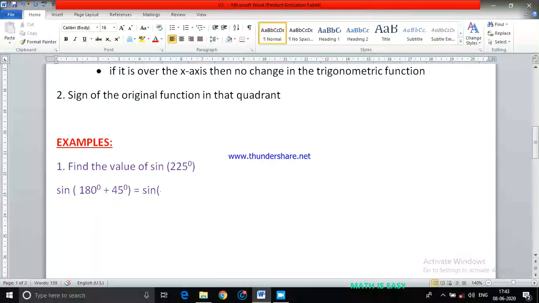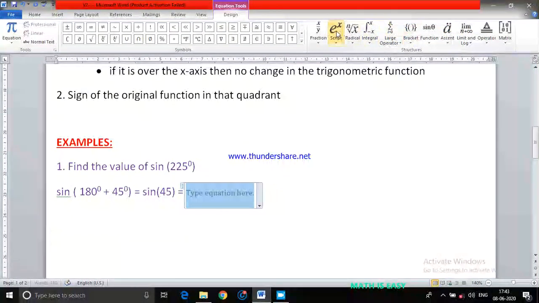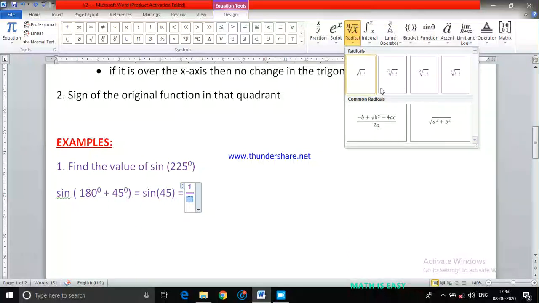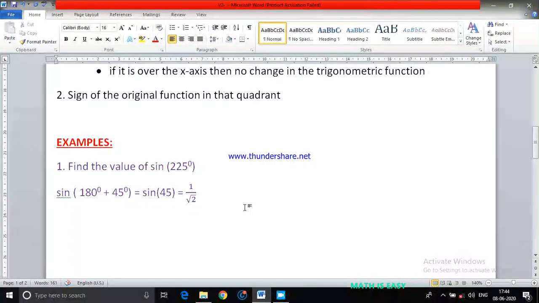Sine 45. Now 180 will disappear. Now sine 45 is 1 upon root 2. Here you get 1 upon root 2. Now if I do it like this, my answer is going to be wrong, because I followed only the first point.